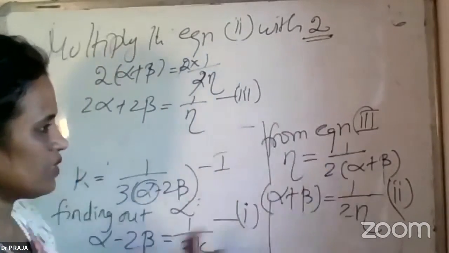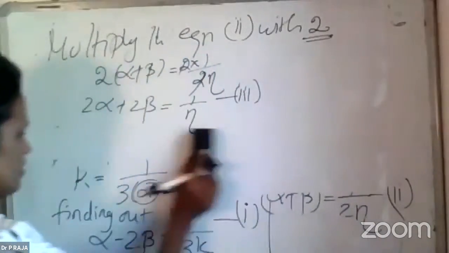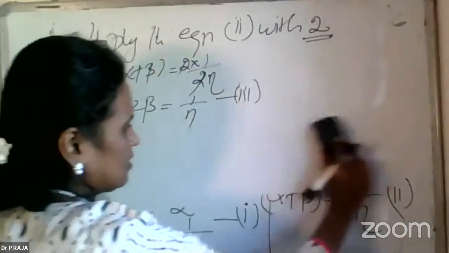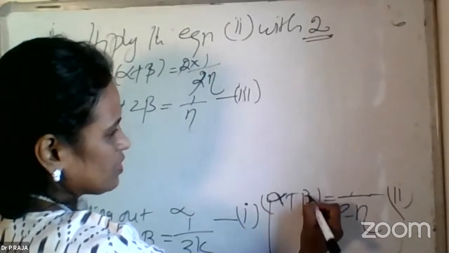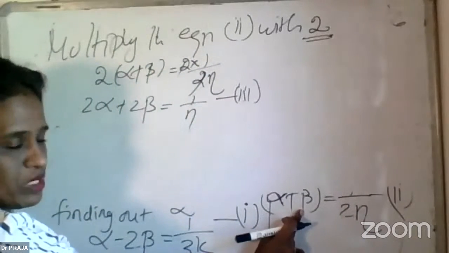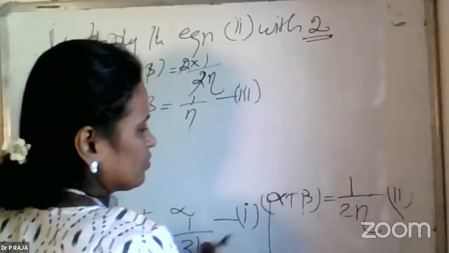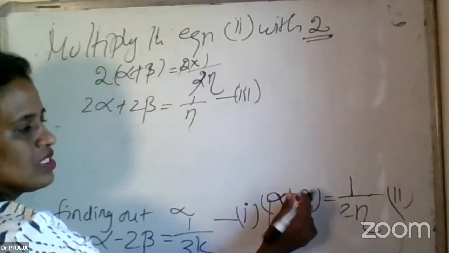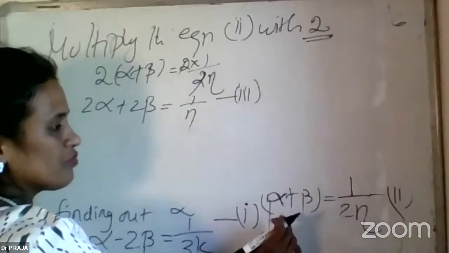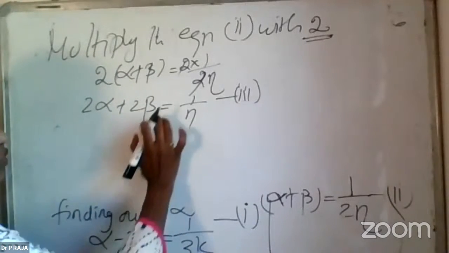Now there's a slight modification that we did to bring this in the form of 2 beta, so the 2 beta and 2 beta will get cancelled out. Equation 3 we derived by multiplying equation 2 by a factor of 2. Now add up these two equations.